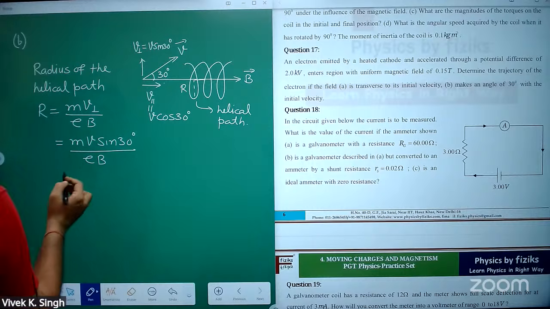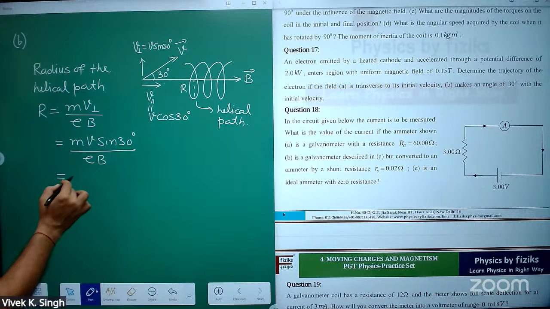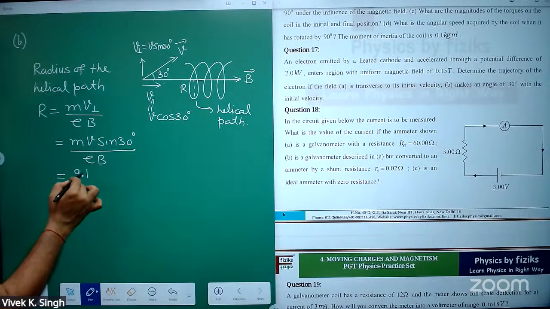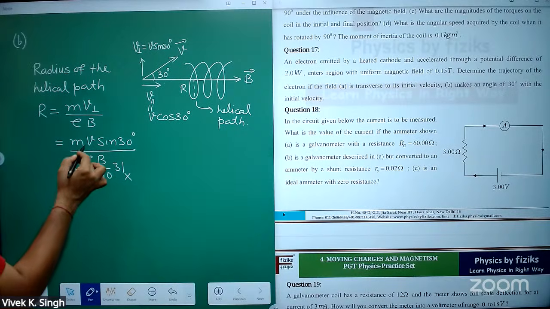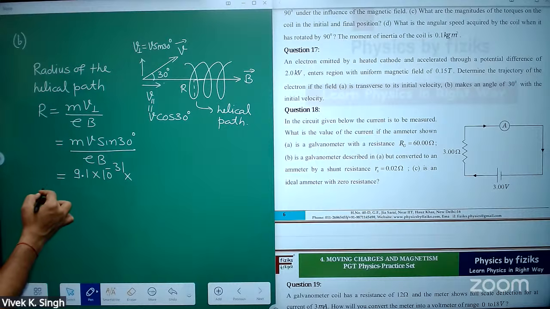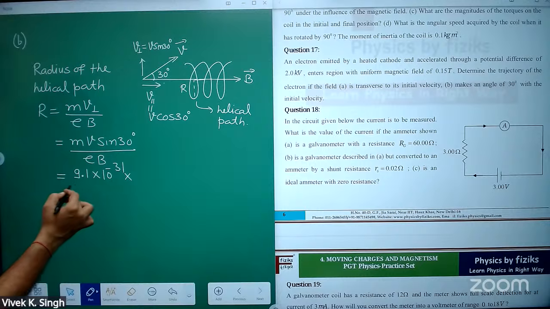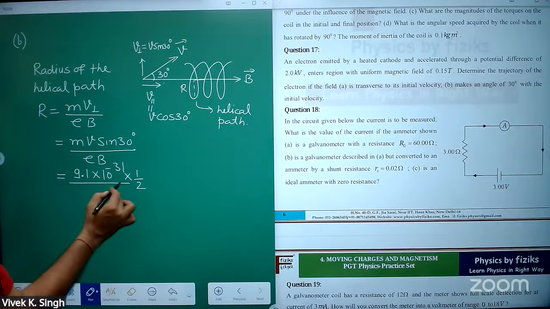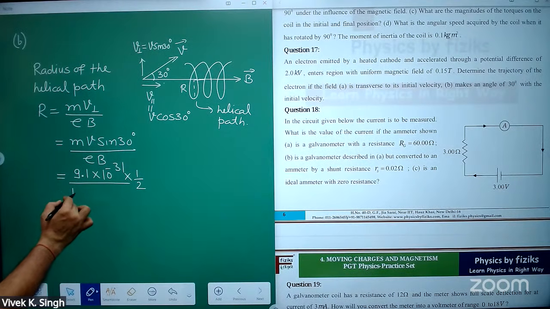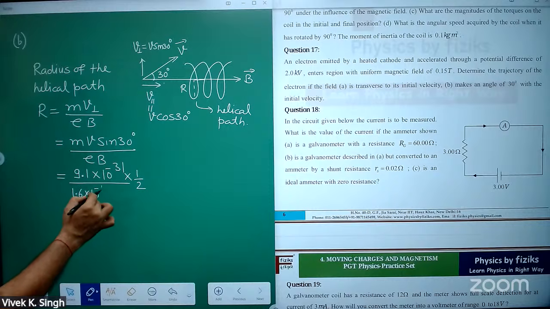So now it's a matter of calculation. m is given by 9.1 times 10 to power minus 31, and sin 30 is 1 by 2. e is the electronic charge, 1.6 times 10 to power minus 19.